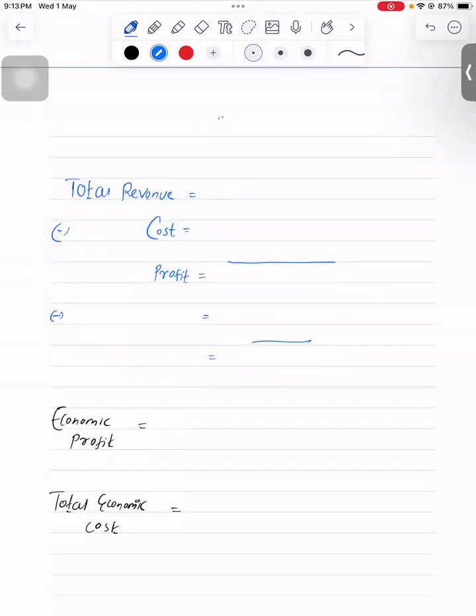Now let's say total revenue we made in first year is, let's say, 2 lakh rupees. From total revenue, what we will do? We will deduct accounting cost. Let's say your accounting costs are 1,90,000. So 2 lakh minus 1,90,000. Okay, 10,000 will be your accounting profit.